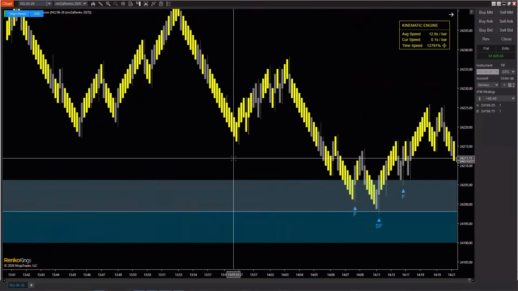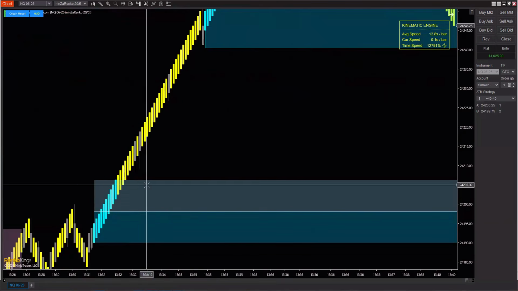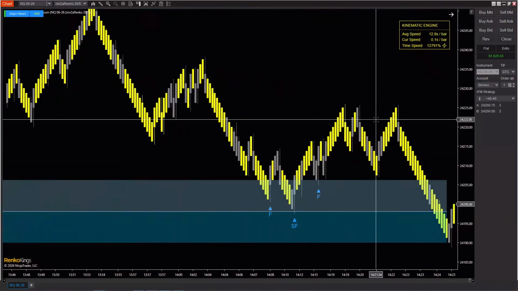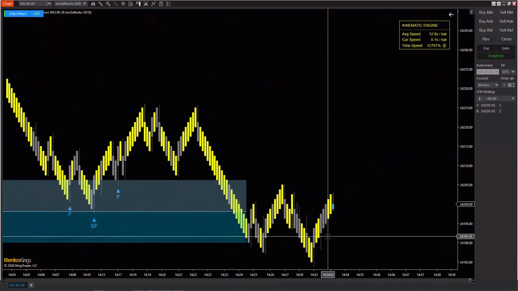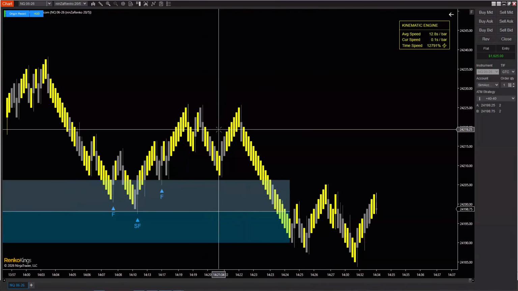So this zone was originally pretty much ignored. Price went through it, but did not come back until just now. Right, it just came back into it now. Boy, things really slow down.